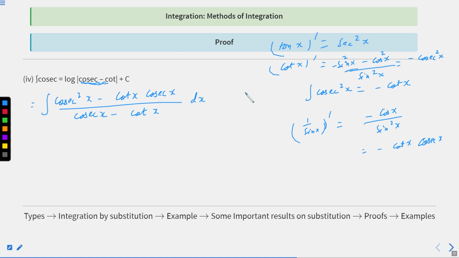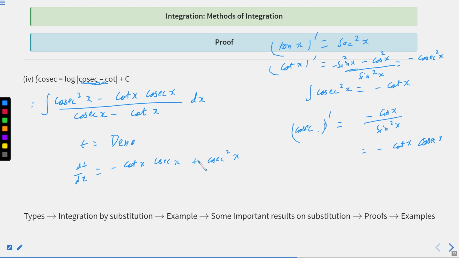So the derivative for cosec will be this. If you take the denominator as t, then dt by dx equals minus cot x cosec x for cosec x, and minus for cot x, the derivative will be plus cosec square x. Simple.